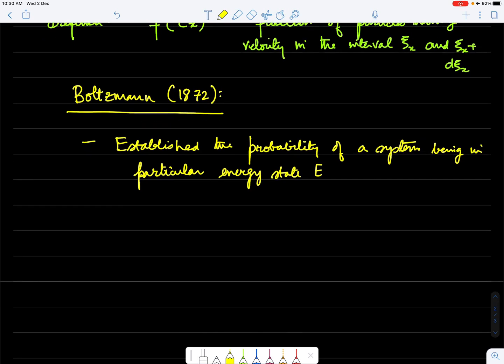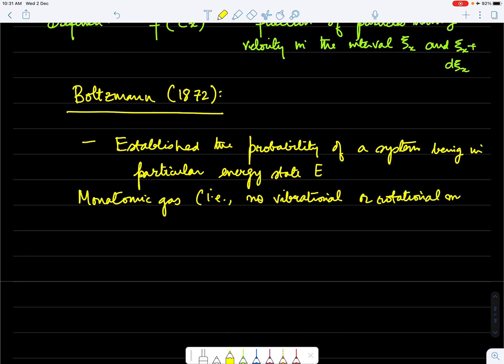And how this information was helpful is, to go further, let me choose a monoatomic gas to keep the discussion simple. Of course, the same principles would also be applicable to diatomic and triatomic gases. This ensures that I don't have to worry about vibrational or rotational motion in the gas, so there is only translation that accounts for the energy.